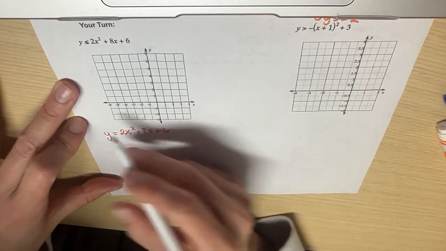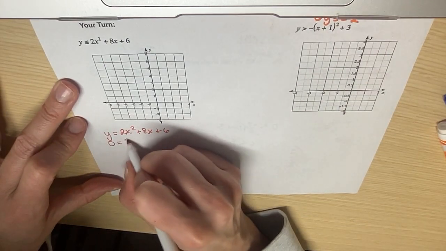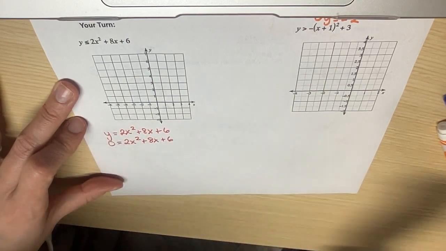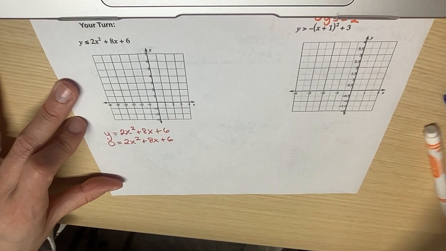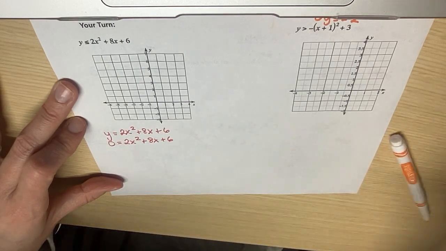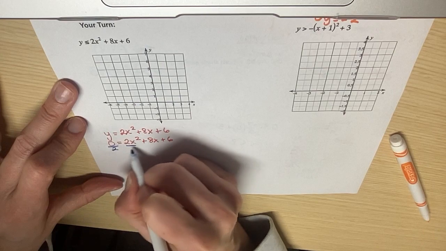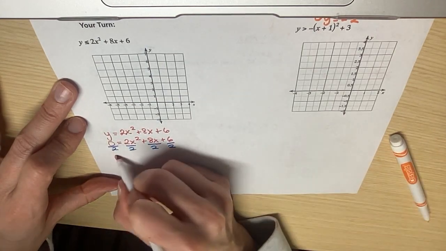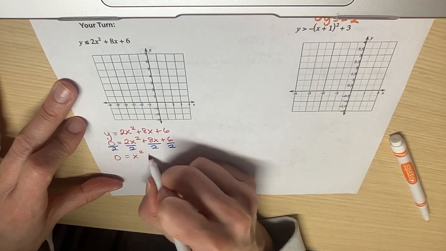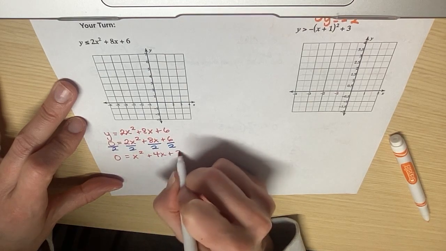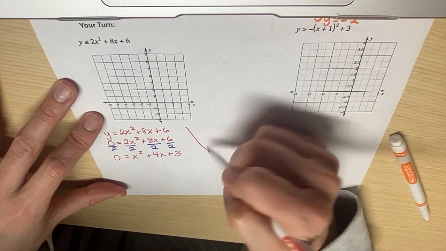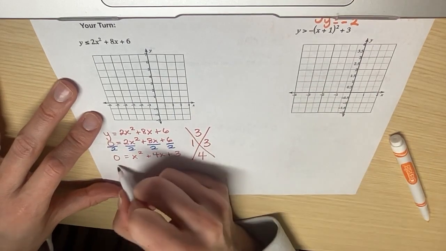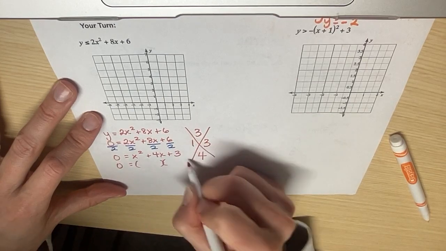So x-intercepts first. Replace y with 0. Now again, I can see that I have a common factor here of 2. Divide everything by 2. So I have x squared for x and 3. Now, factors of 3 that add up to 4 are 1 and 3.